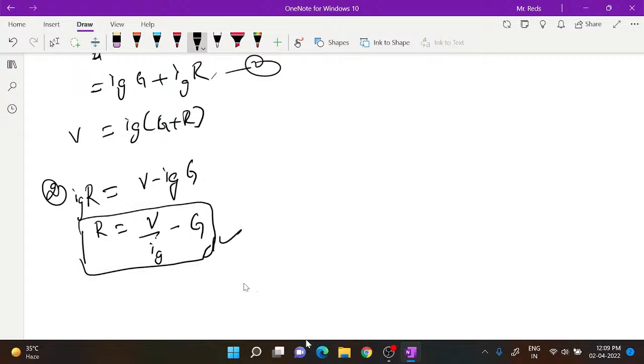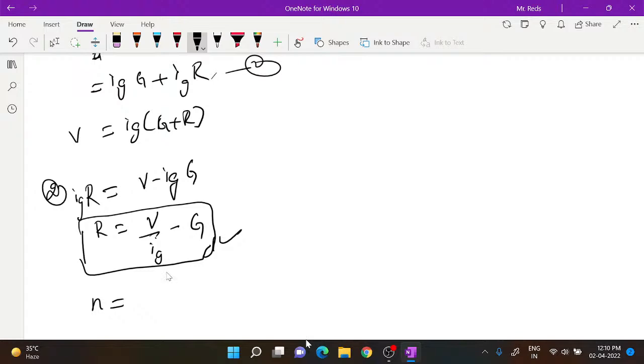Here you can also come across one simple relation for the resistance needed to connect in series with the galvanometer. As you know, N is equal to I by Ig in terms of currents. If you want to express the same in terms of voltages, N is equal to new range by old range.